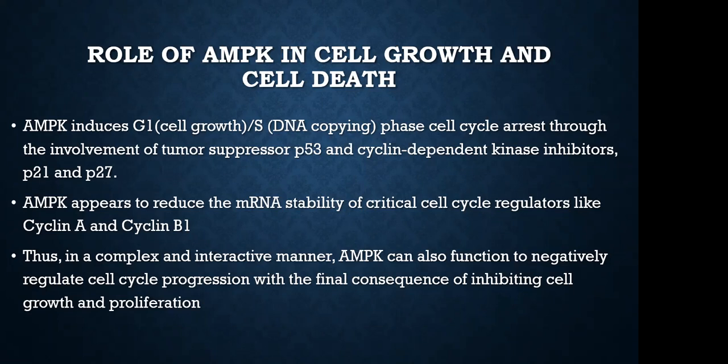So AMPK appears to reduce the mRNA stability of critical cell cycle regulators like cyclin A and cyclin B1. And so in this complex and interactive manner, AMPK can also function to negatively regulate cell cycle progression, with a final consequence of inhibiting cell growth and proliferation.